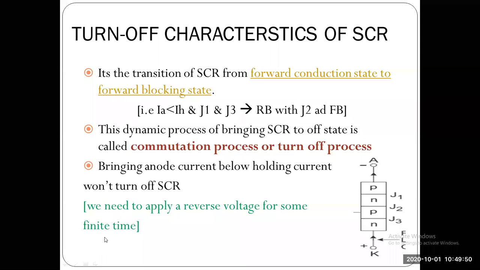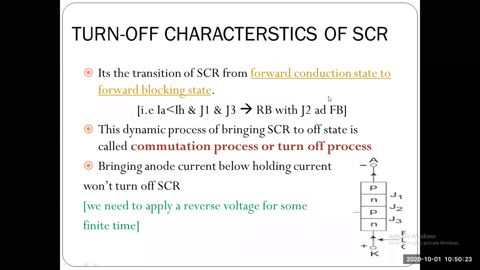After some time, if you apply any voltage value, the SCR itself has the capability to block that voltage. That means turn-off is completed. Turn-off completed means the SCR has the capability to block the reverse voltage we are applying, the reverse blocking voltage, or simply the PIV value, peak inverse voltage.